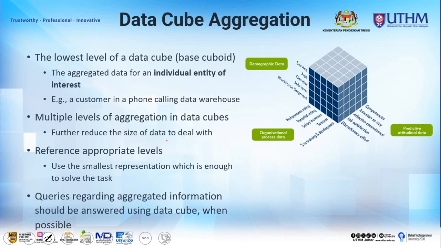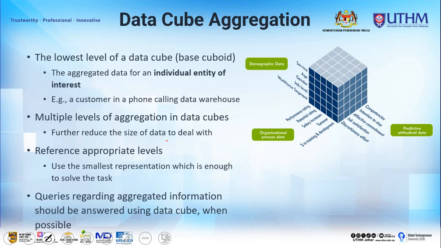Next is data cube aggregation. In data cube aggregation, the base cuboid represents the most detailed level of data in the data cube. Each data cube represents something. Its characteristic is that it contains the aggregated data for an individual entity of interest.